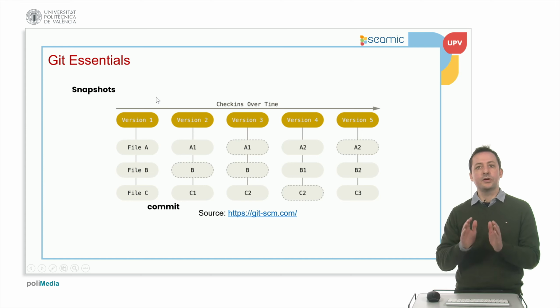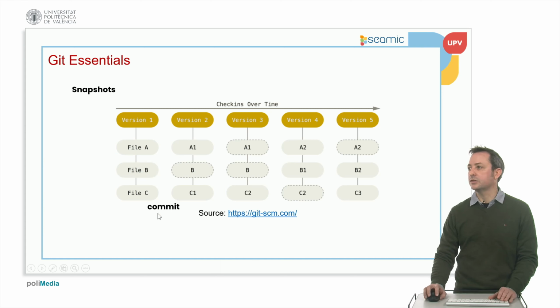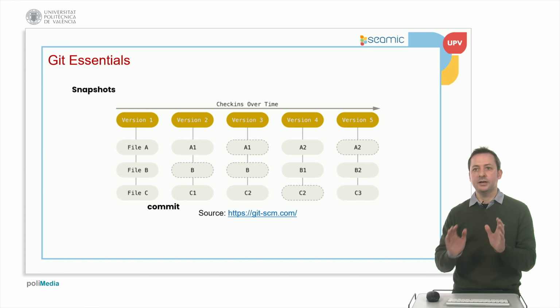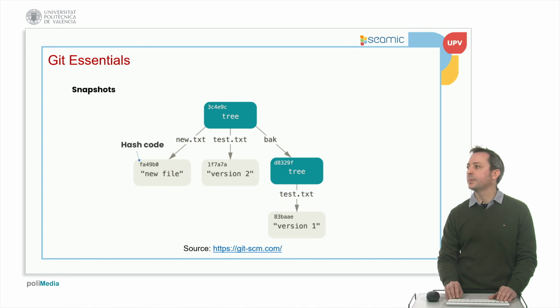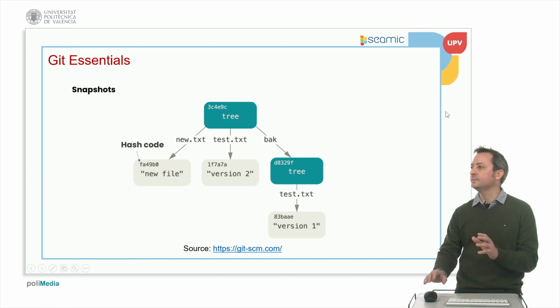In order to create a specific snapshot, we use what is known as commit. Committing changes is creating a snapshot at this point. We'll see it in the next slides. Basically, when we create snapshots of our code, we see these snapshots as a tree.